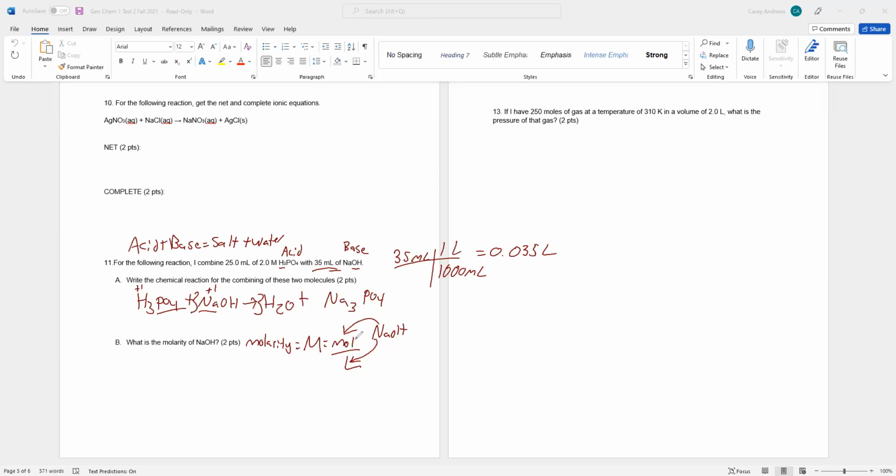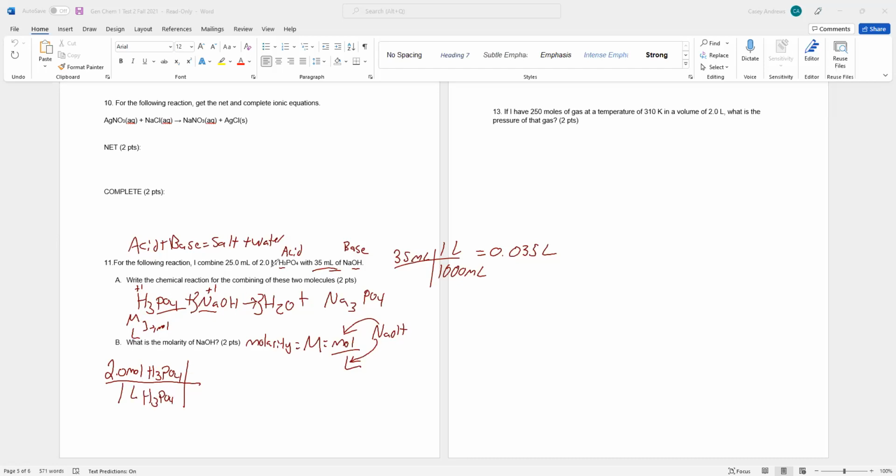Now I need to figure out how many moles. Well, I don't have that in my reaction, but I have the molarity of H3PO4. I have liters of H3PO4. Those combined can give me moles of H3PO4. And using stoichiometry, I can figure out how many moles of NaOH I have. So my solution is I have 2 moles of H3PO4 for every 1 liter of H3PO4.